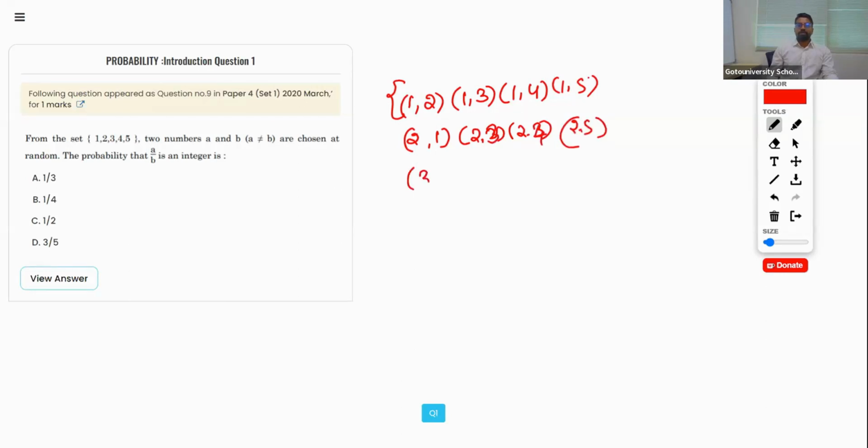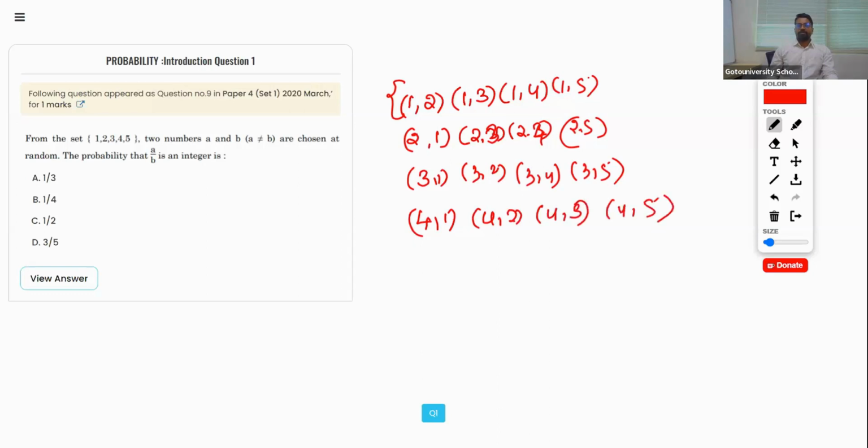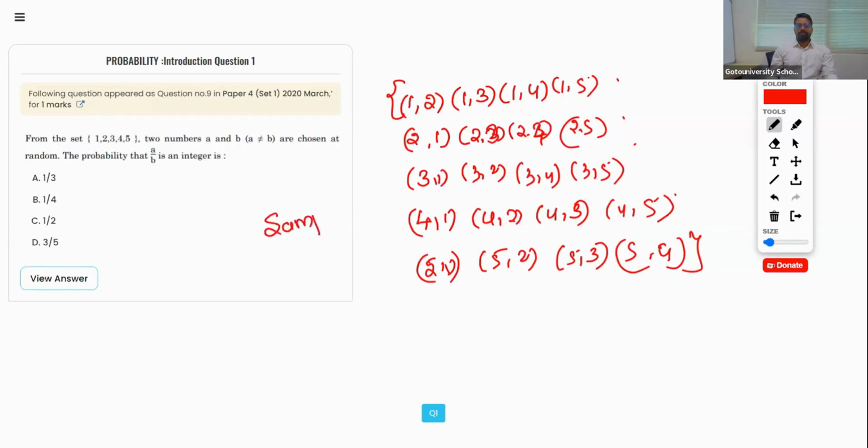Now for 3, it is 3 comma 1, 3 comma 2, 3 comma 4, 3 comma 5. 4 comma 1, 4 comma 2, 4 comma 3, 4 comma 5. Similarly, 5 comma 1, 5 comma 2, 5 comma 3, and 5 comma 4. So how many are there? Can you check? 4 plus 4, 8 plus 4, 12 plus 4, 16 plus 4, 20. This is our sample space.